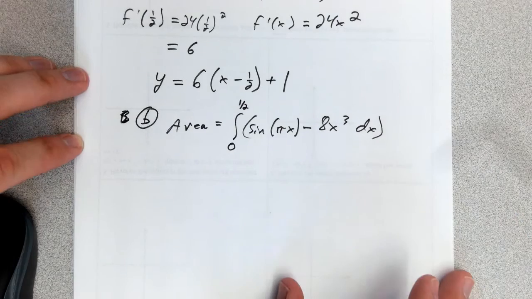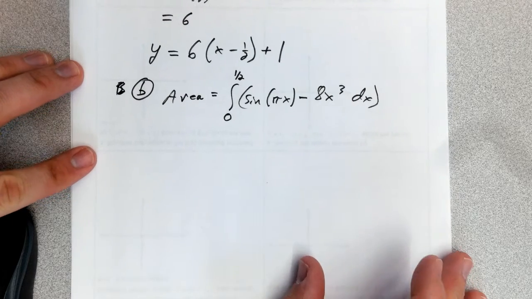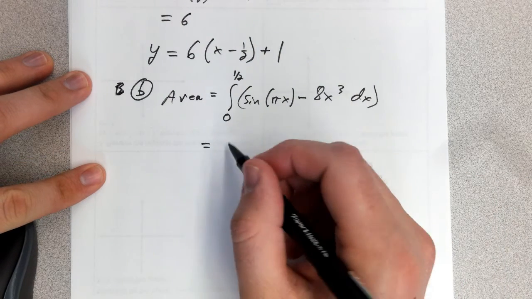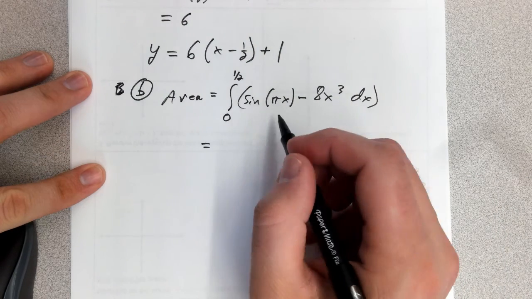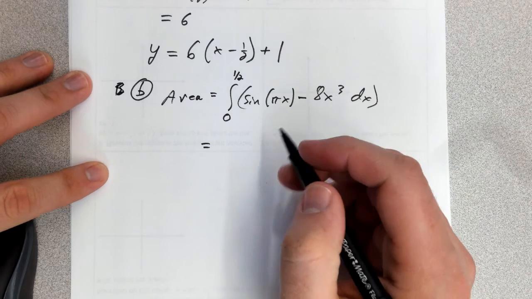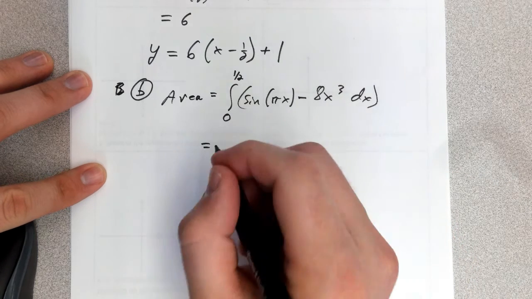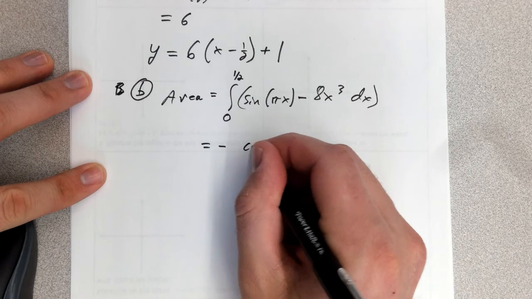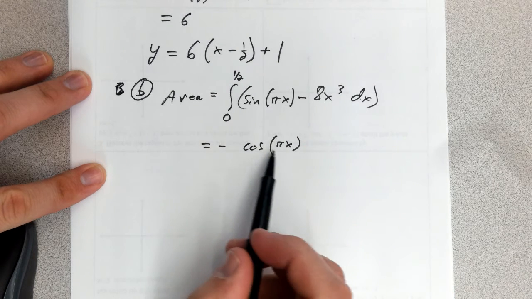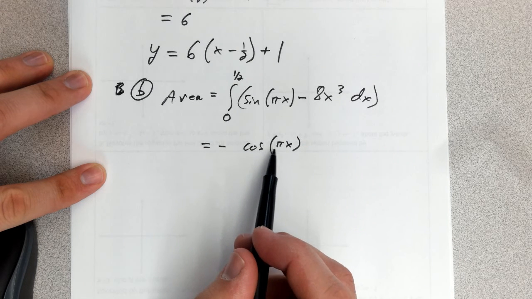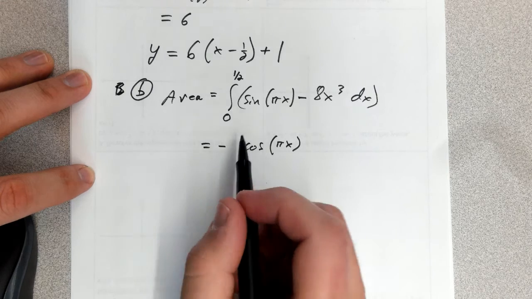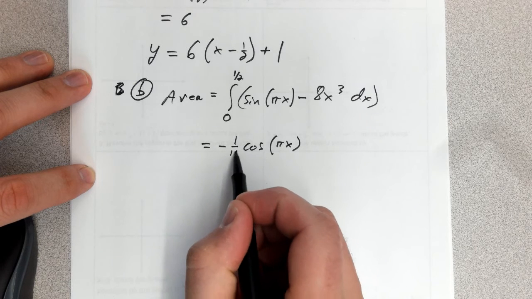Again, this is the non-calculator FRQ. I don't think I mentioned that earlier, but anyway, you've got to do this by hand. The antiderivative of sine is negative cosine. The only thing that you've got to be careful of is if you have negative cosine of pi x, when you differentiate this, you'll get sine of pi x times pi. So you need to somehow build in that pi being canceled out.